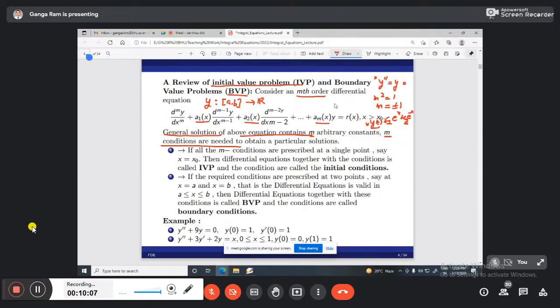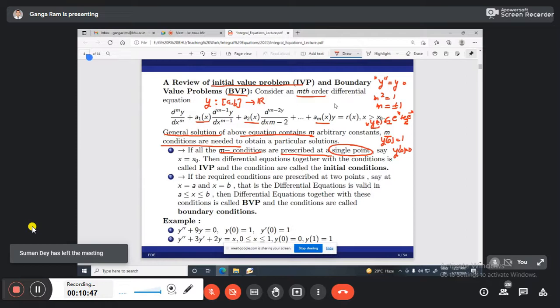Okay, so if all m conditions, because we need m conditions to find the particular solution, are prescribed at a single point. For example, it is a second order differential equation, and suppose the conditions given are y(0) = 1 and, because we need two conditions, y'(0) = 0.